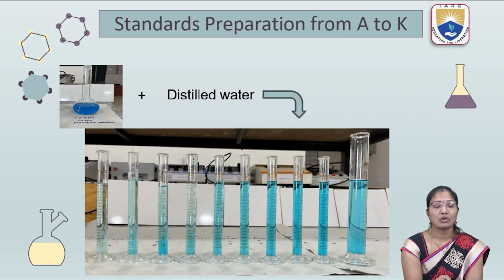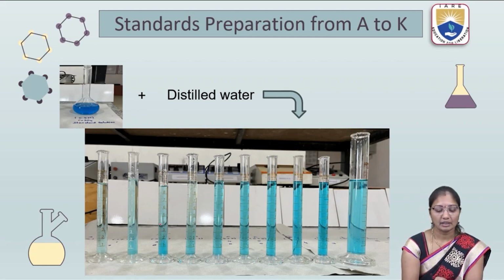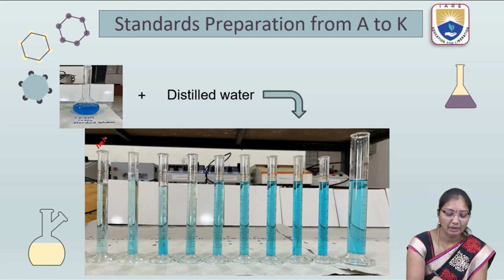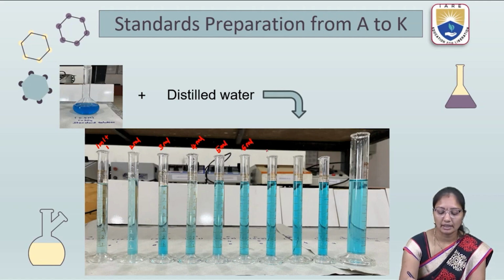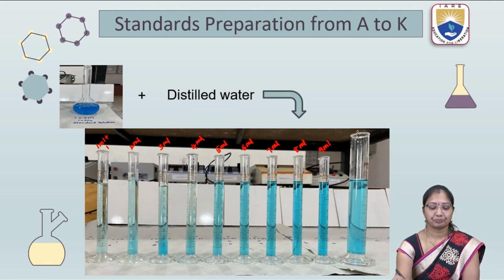So this is the copper sulfate solution. Then it is mixed with distilled water and serial dilution has to be done. Here, from this we take 1 ml, here 2 ml, here 3 ml, 4 ml, 5 ml, 6 ml, 7 ml, 8 ml, and 9 ml of copper sulfate in this way.